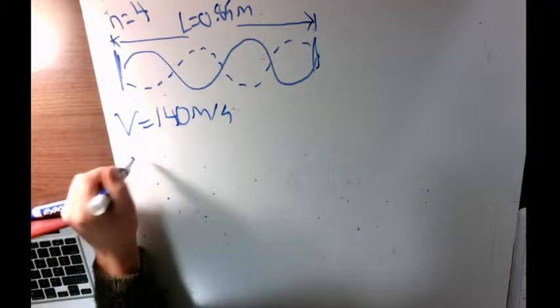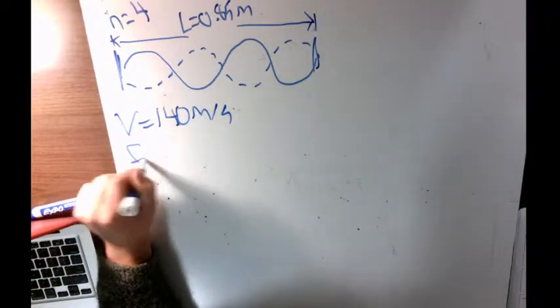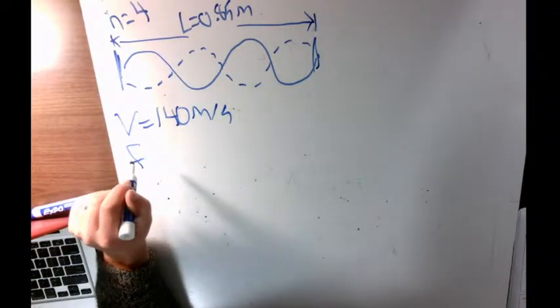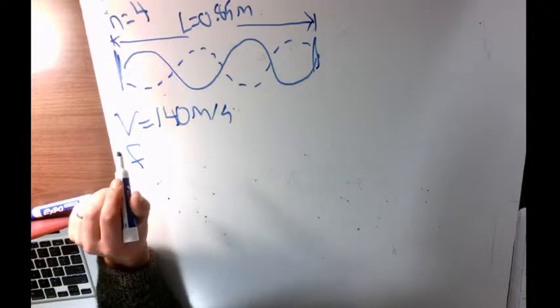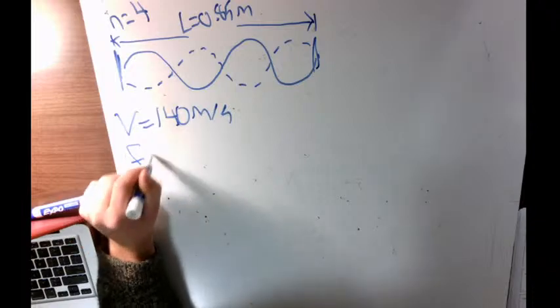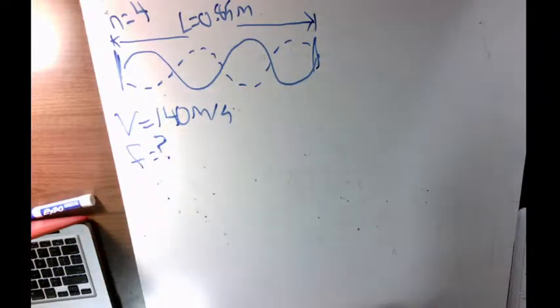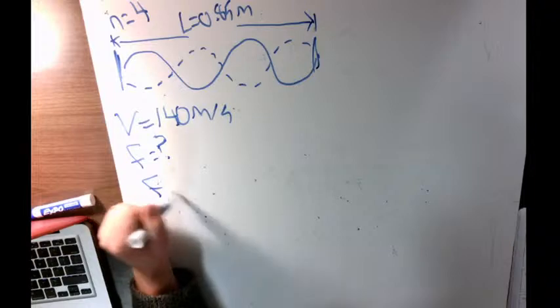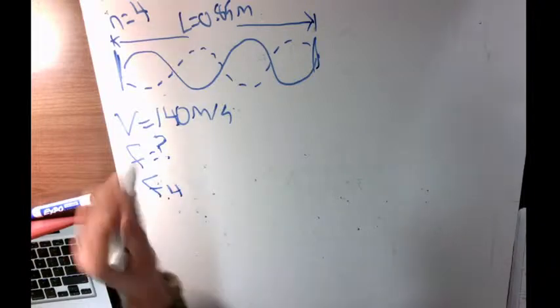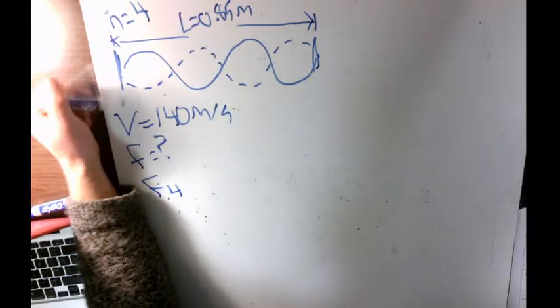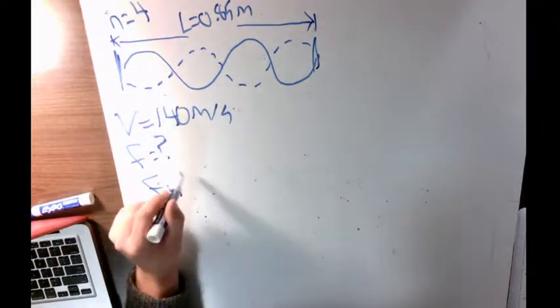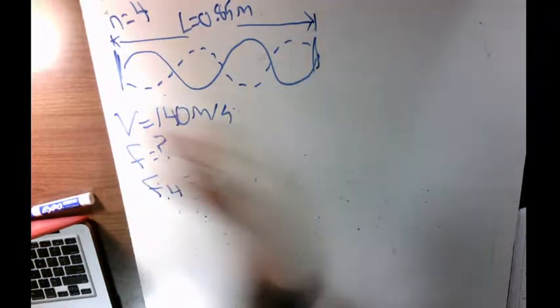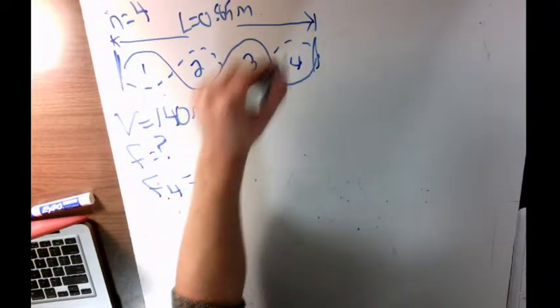We want to determine our source frequency, f, which is our unknown. Here we would be looking at the frequency of our fourth harmonic, as the source will have to be vibrating fast enough to create our fourth harmonic, our 4 different loops. 1, 2, 3, 4 loops.